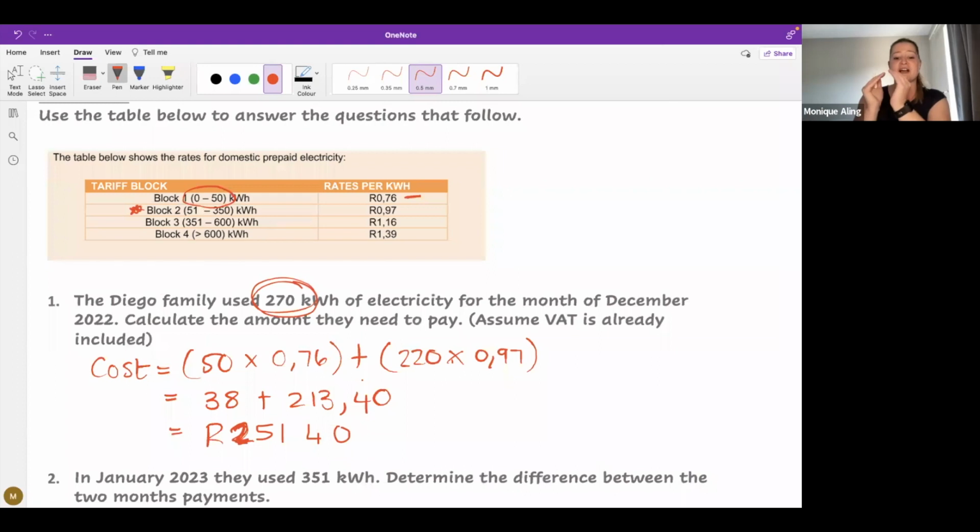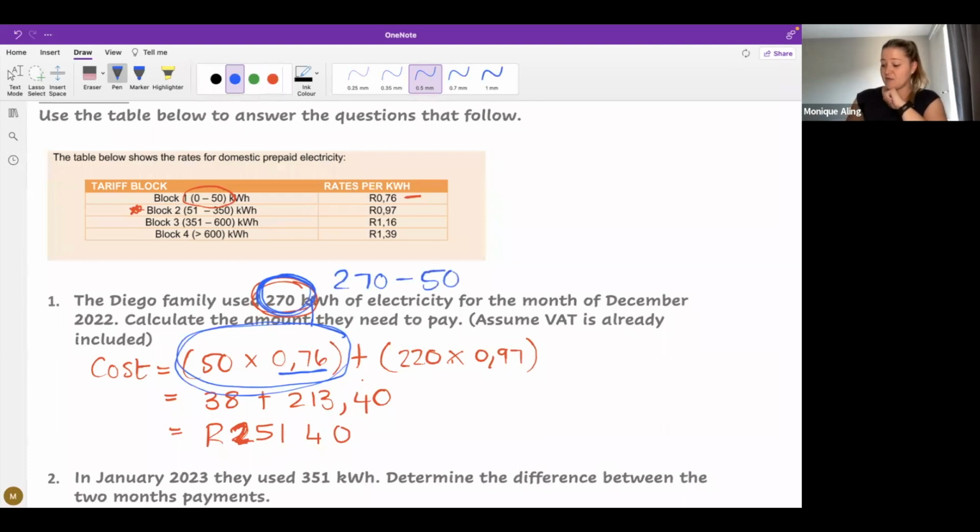So we have to do the calculations separately. So that's what I did for this first bracket. I took the first 50 that they used out of the 270 and charged or times by the cheaper rates. But then if we look at our 270 minus the 50 we were just charged for now, we are still left with 220. And that 220 falls into that second block, which is a slightly higher price.